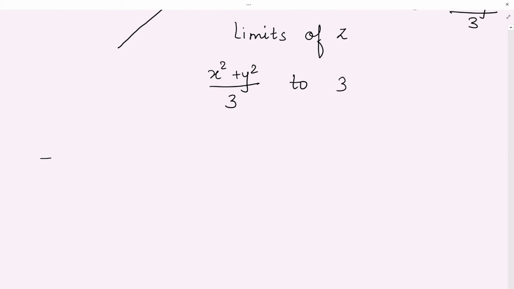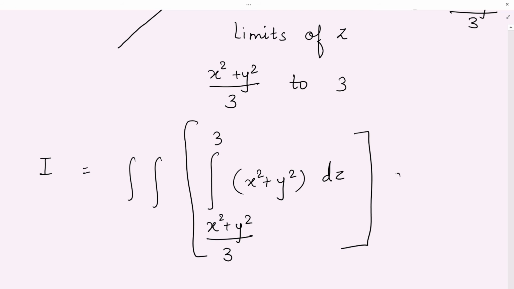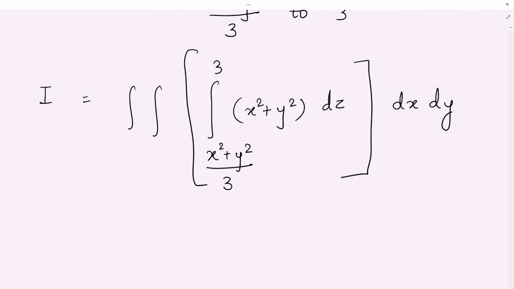So my integration I, that is question I now, will become x square plus y square by 3, and here it is 3. x square plus y square, first you will integrate this with respect to z. Same logic as we are doing. Right?